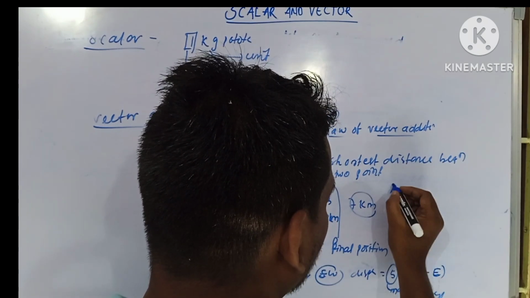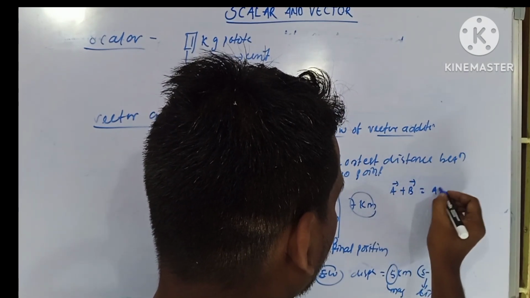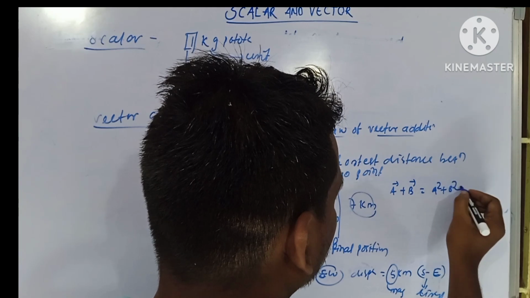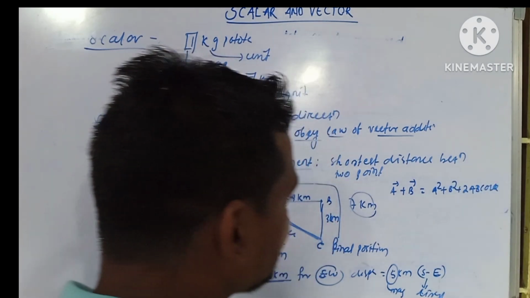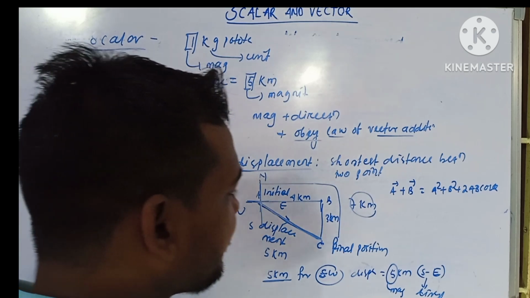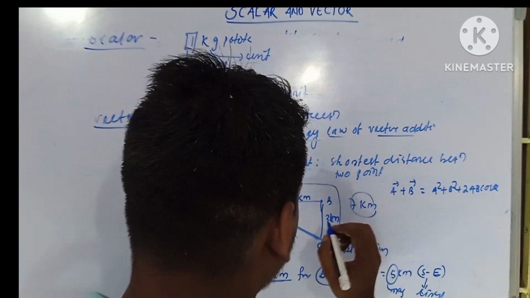Vector addition means: suppose A plus B, if we add the two vectors, the resultant R equals the square root of A square plus B square plus 2AB cos theta. This equation must be satisfied.